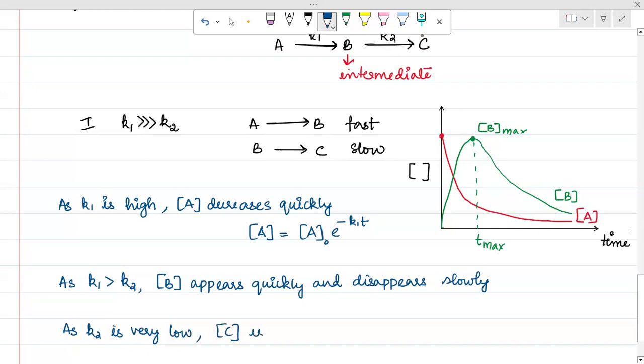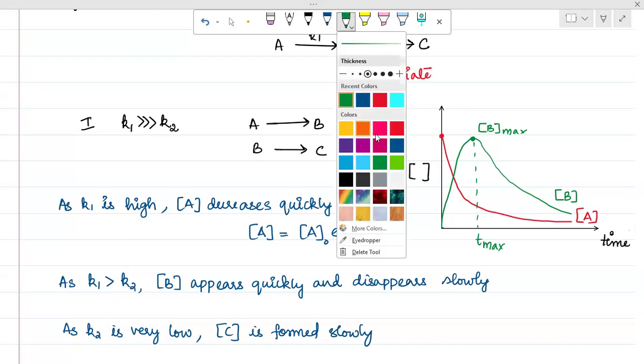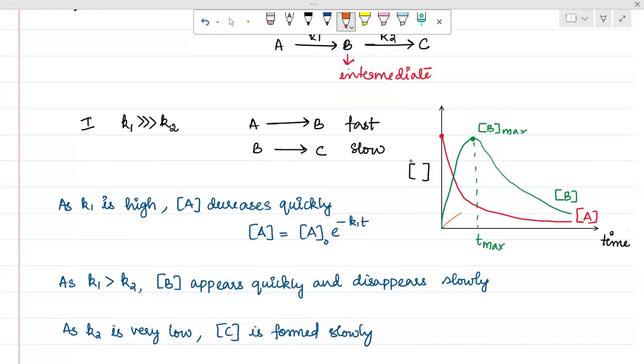It is formed very slowly, so it will increase slowly. This is C. This is case 1.